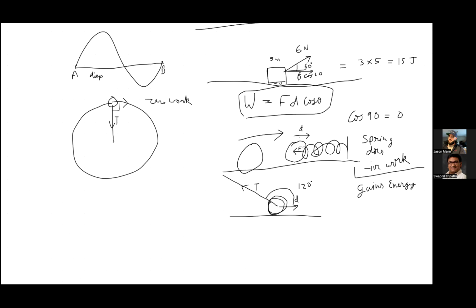So whatever is the tension here, let's say 10 newtons or something, and whatever is the displacement, when you do cosine of 120 degrees, it will be a negative number, so it will make the whole work negative. Okay, so that's the idea of positive work, negative work.